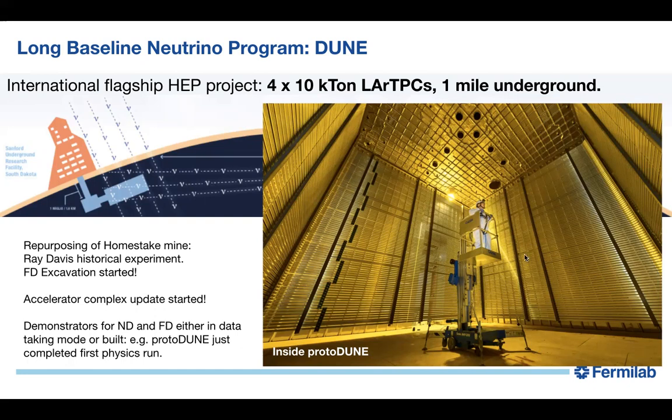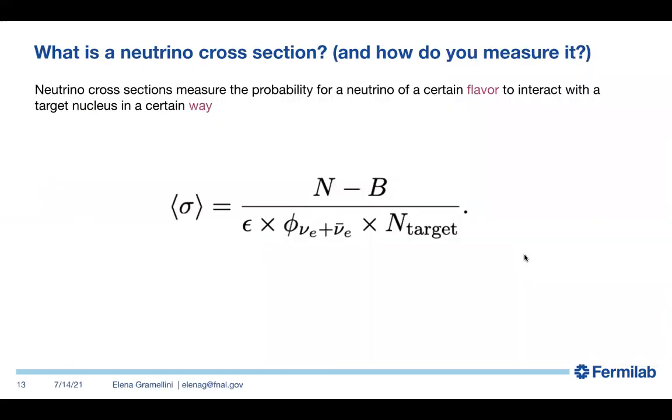Okay, so let's talk about cross sections. First of all, what is a neutrino cross section and how do you measure it? A neutrino cross section measures the probability for a neutrino of a certain flavor to interact with a target nucleus in a certain way.